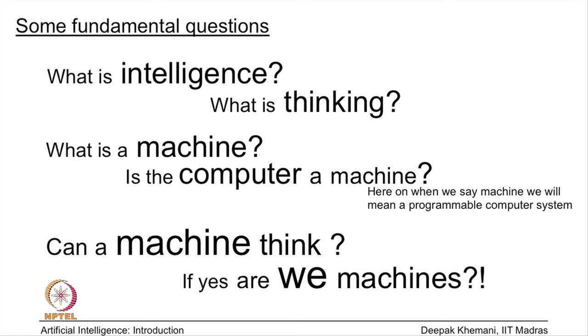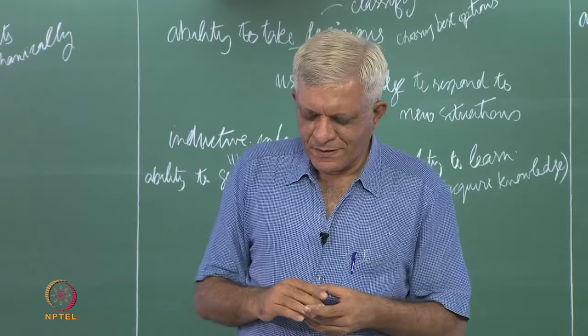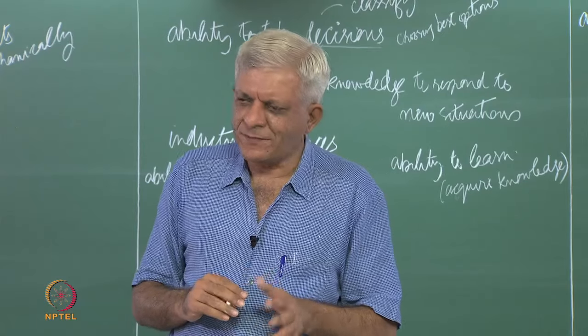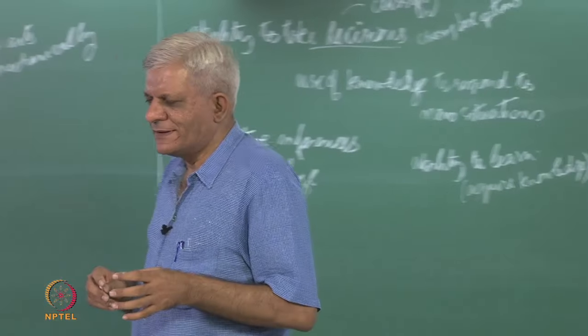Okay. So, this is a question which has been raised. Just to be clear, is a computer a machine? It does operate according to some very well defined laws and so on. Of course, a computer is a very special kind of machine, a very flexible kind of machine.